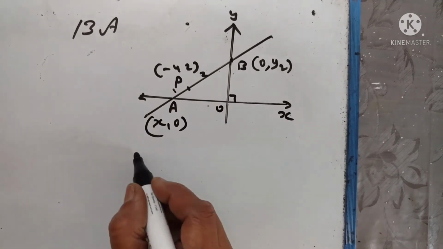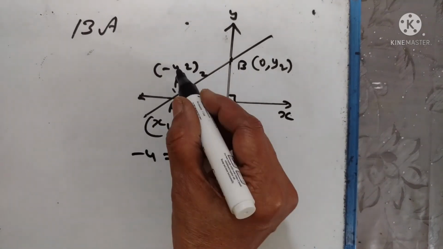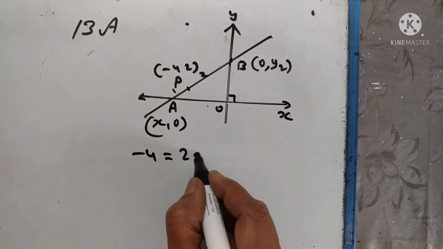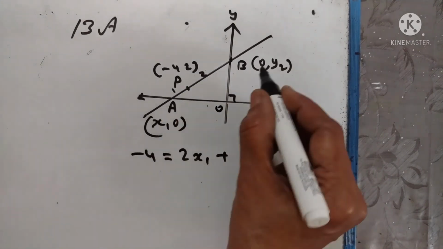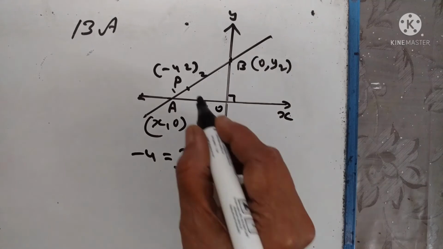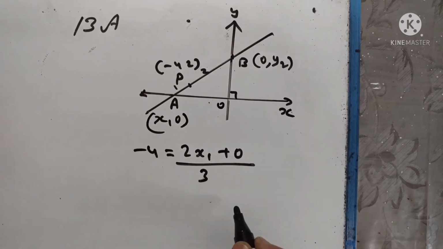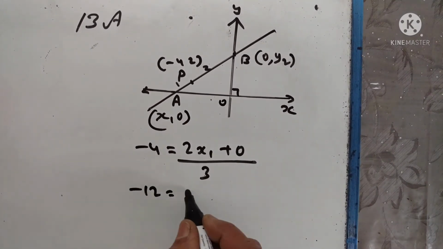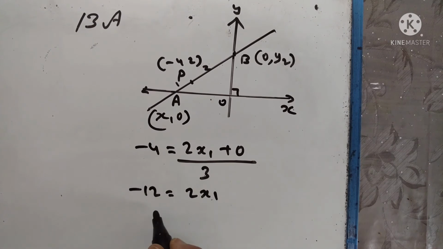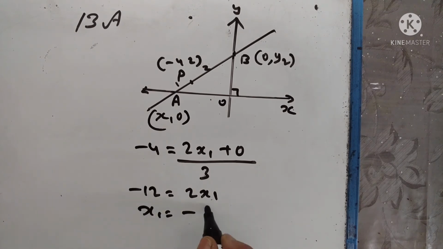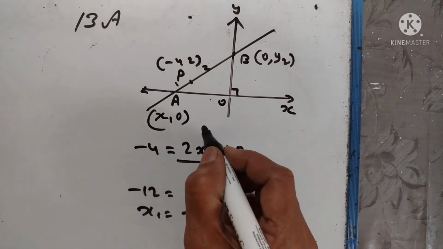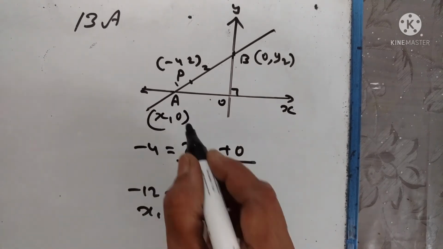So -4 is equal to (2 into x1 plus 1 into 0) upon (1 plus 2). -12 is equal to 2x1, therefore x1 is equal to -6. So coordinates of A are (-6, 0).